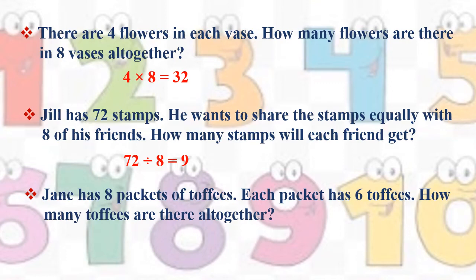So how to find the answer? 6 you have to multiply by 8. Then the answer is 42. Or 8 multiplied by 6 also correct. 6 multiplied by 8 also correct.